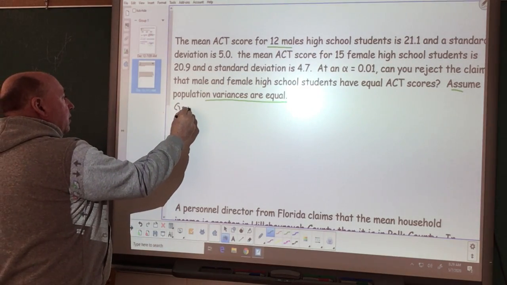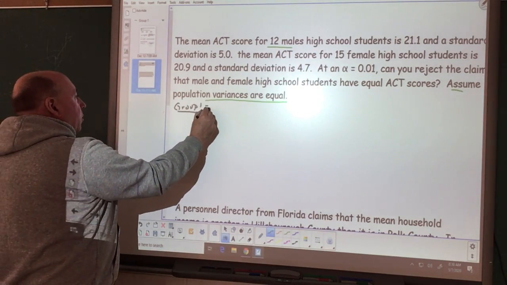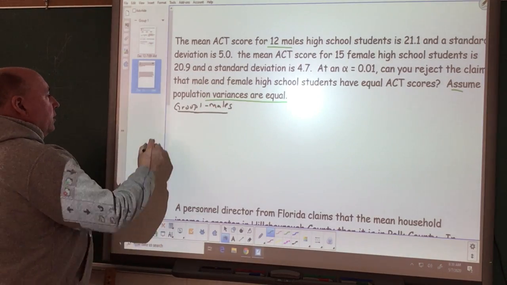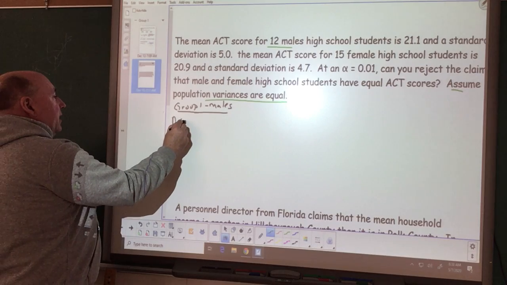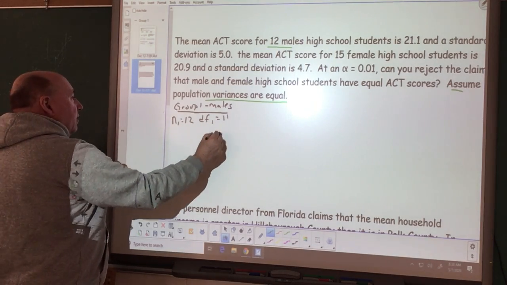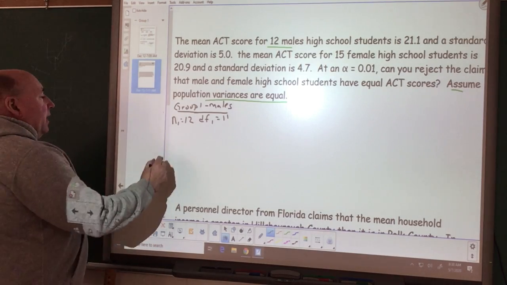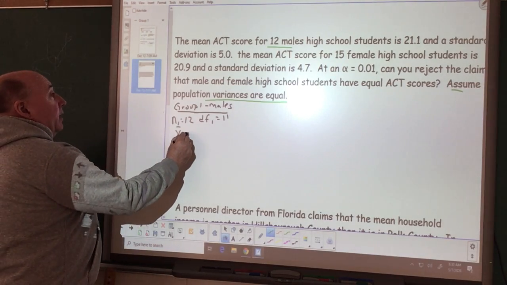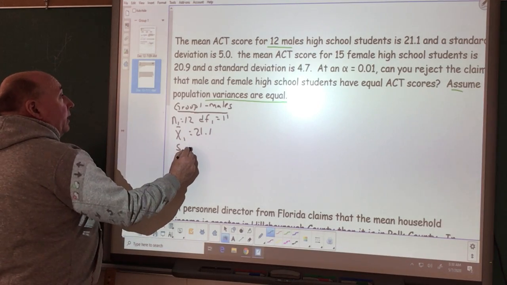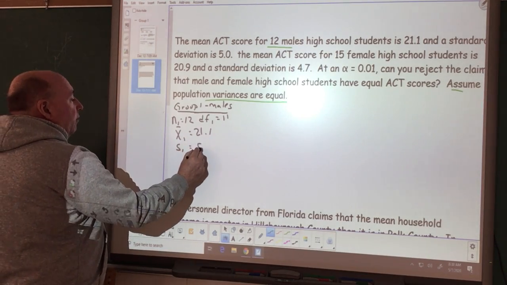Group 1, we'll make the males because they come first. So we have n1 is 12, so degree of freedom 1 is 11. The x bar 1 is equal to 21.1, and the sigma 1 is a value of 5.0.